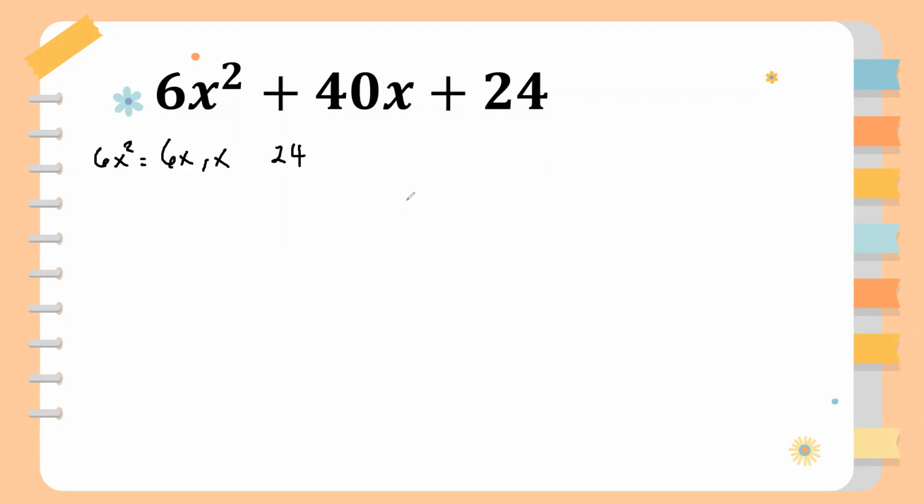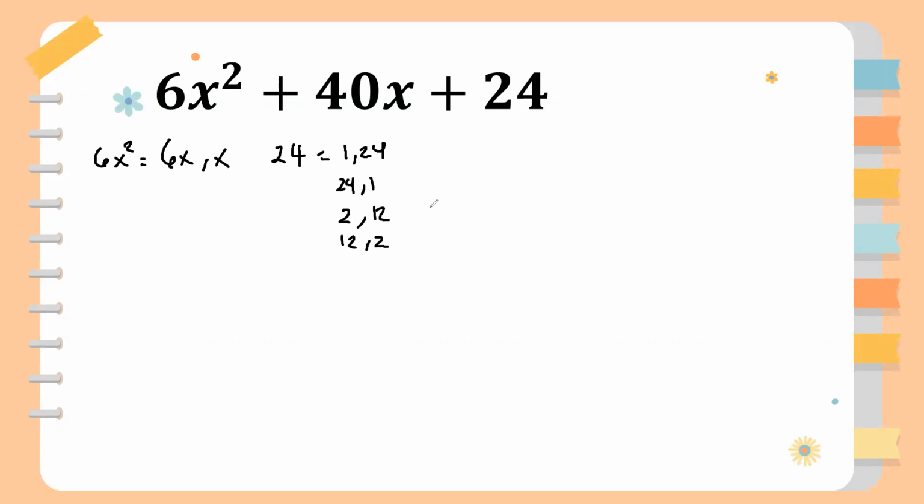Okay. Next, get the factors of the last term. So we have here 24. So ano yon? We have 1 times 24, 24 times 1, 2 times 12, 12 times 2. Yun lang, since they are all positive. Since positive naman yung middle term, yung kukunin natin is positive sign.